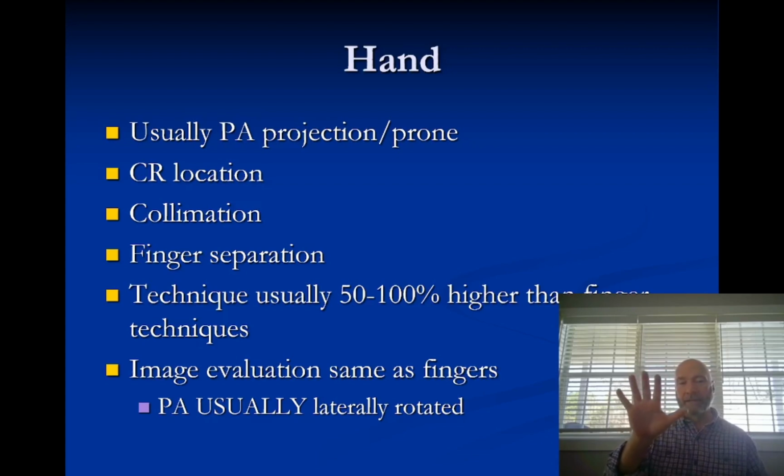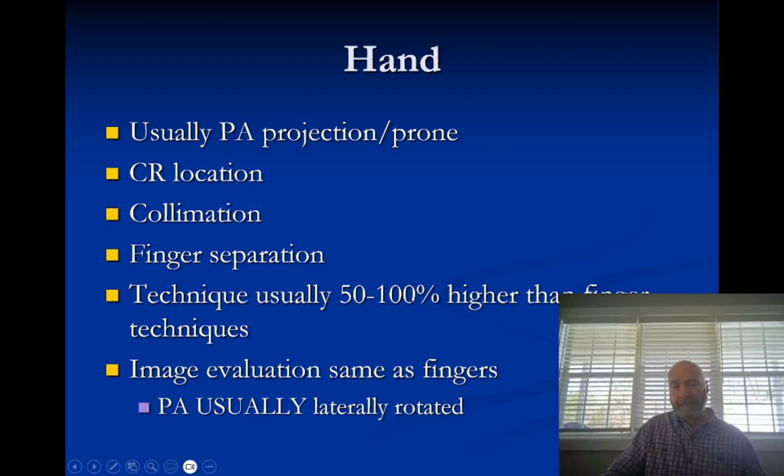So make sure the fingers are separated, and if that means that you have to miss position off that knuckle, well, textbook positioning is to the third metacarpal phalangeal joint, but if you have to off position a little bit or adjust that thumb, then that's fine. So make sure your fingers are separated, but make sure you don't project or collimate the thumb off.